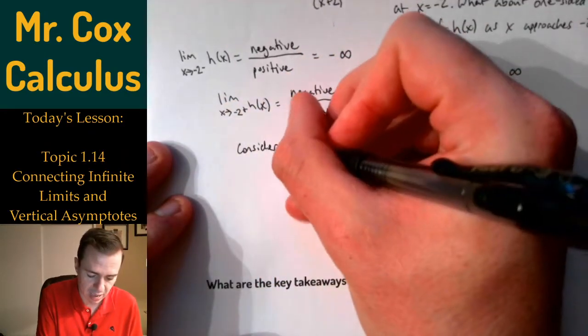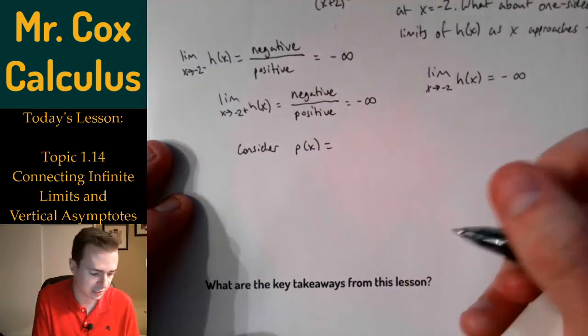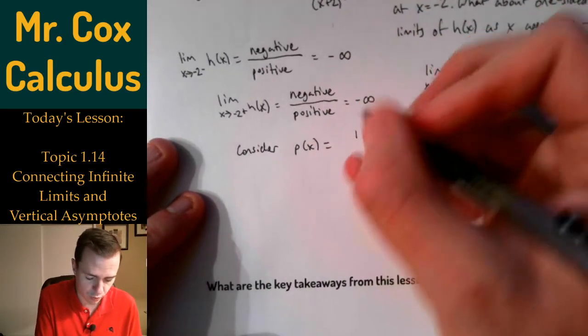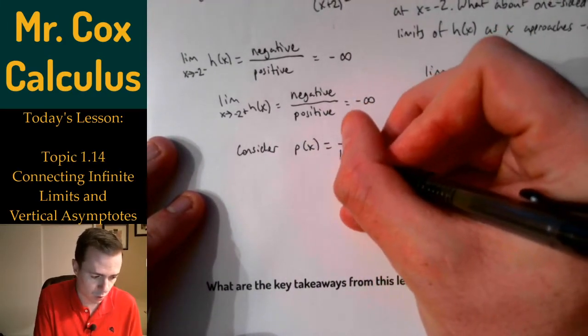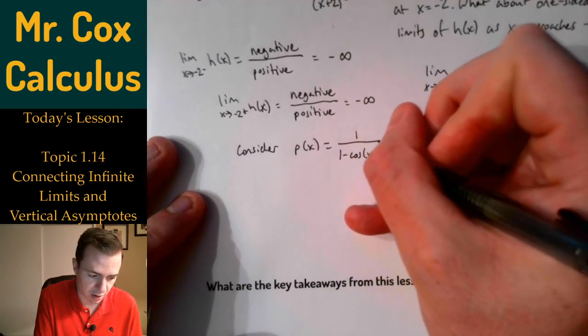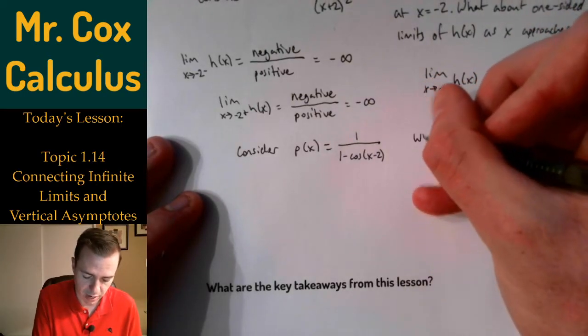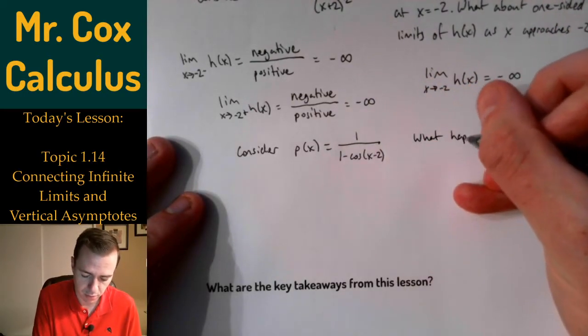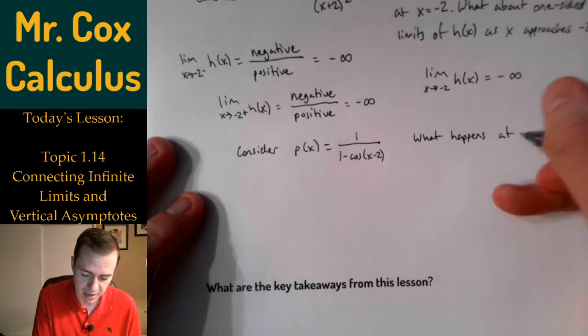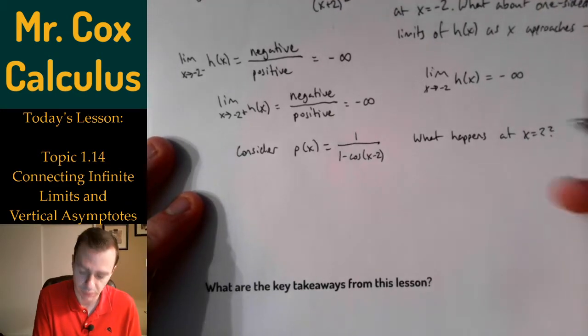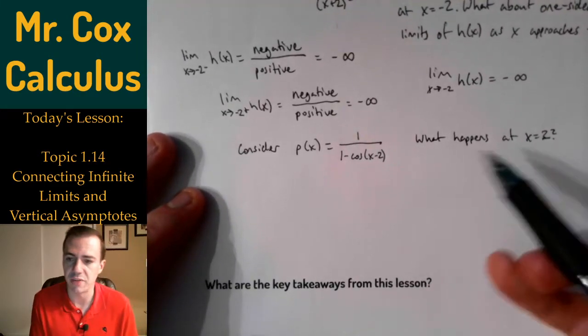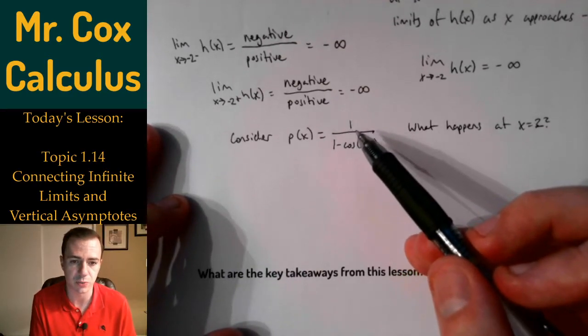Let's take a look at one other function. Let's take a look at what happens when we have p of x equal to 1 over 1 minus cosine of (x minus 2). And the question is, what happens at x equal to 2? Well, at x equals 2, if I substitute it in, the numerator is 1.